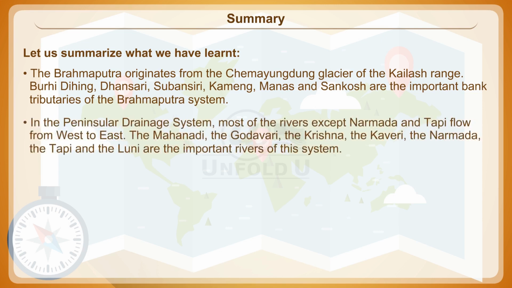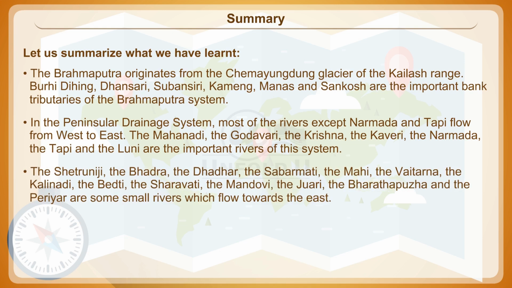In the peninsular drainage system, most of the rivers except Narmada and Tapi flow from west to east. The Mahanadi, the Godavari, the Krishna, the Kaveri, the Narmada, the Tapi and the Luni are the important rivers of the system.